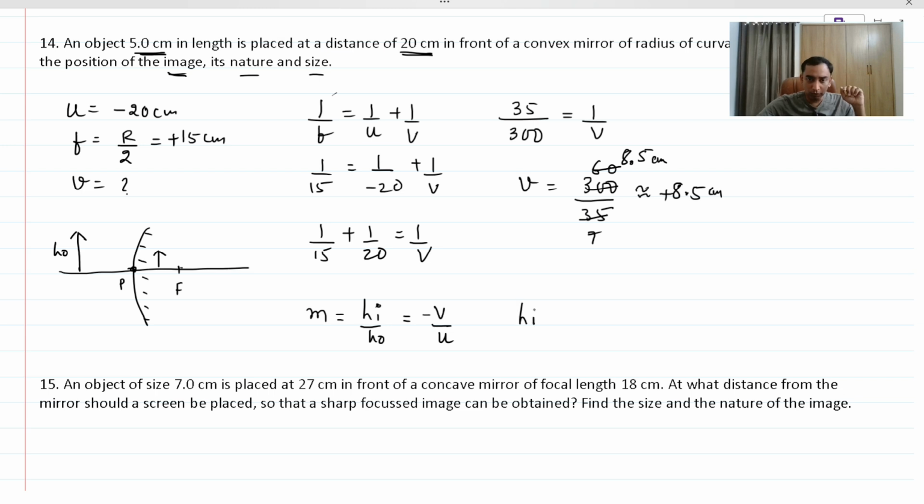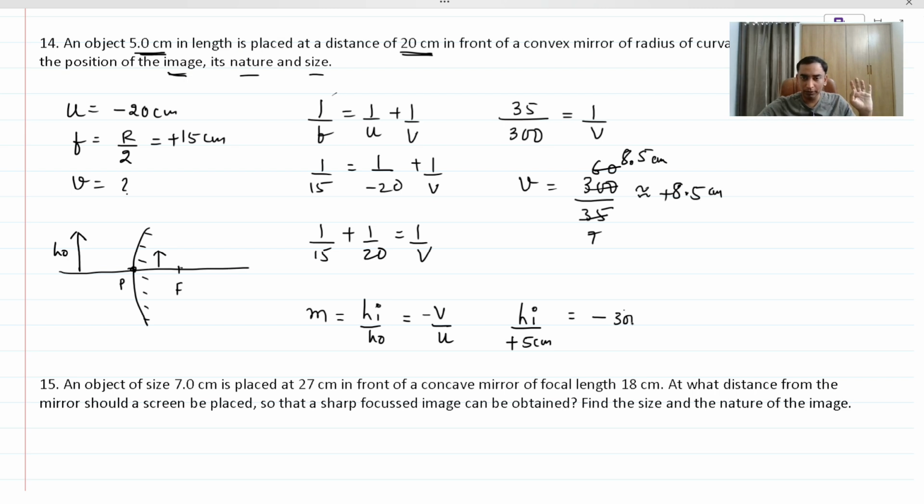So hi we don't know, the height of the image should come positive because it is an erect image. Height of the object is positive 5 centimeters because it's above the principal axis, into minus, now v itself is positive, so it is about 8.5 centimeters, or we can also write 300 by 35, correct? So one and the same thing.